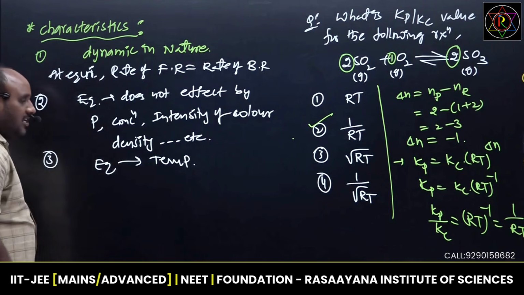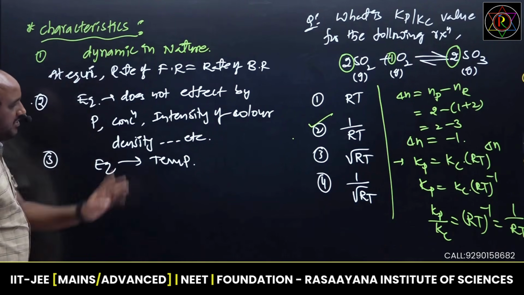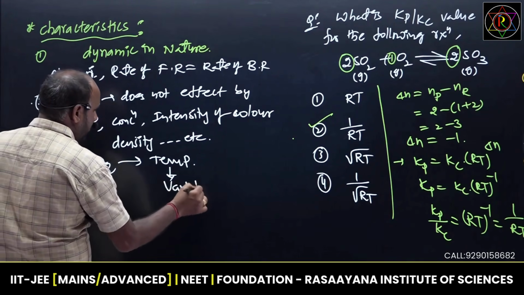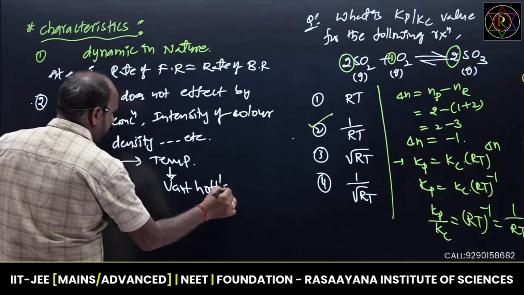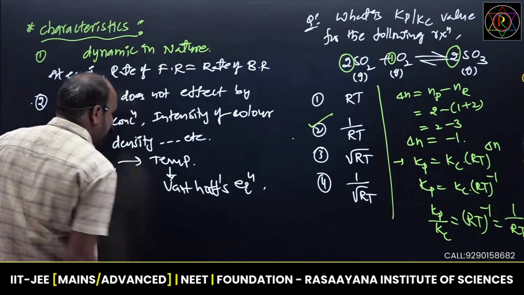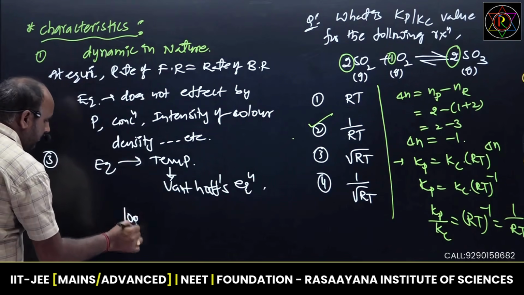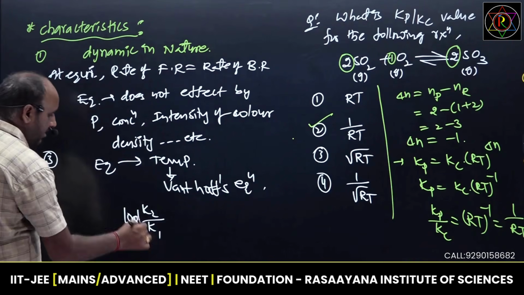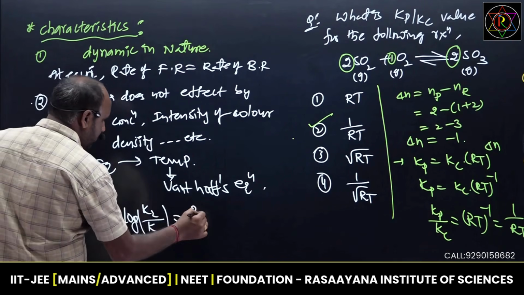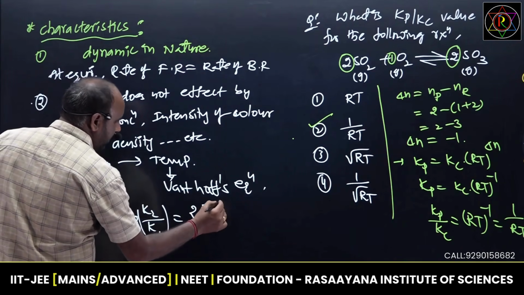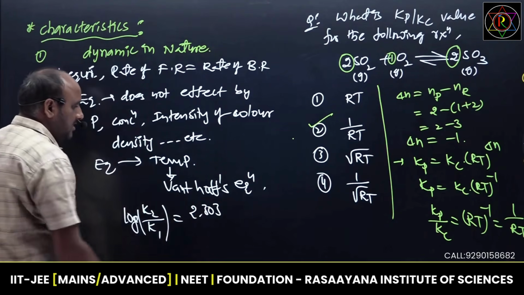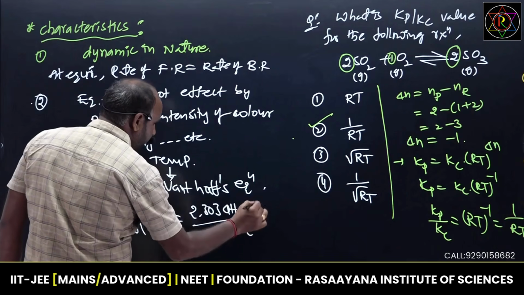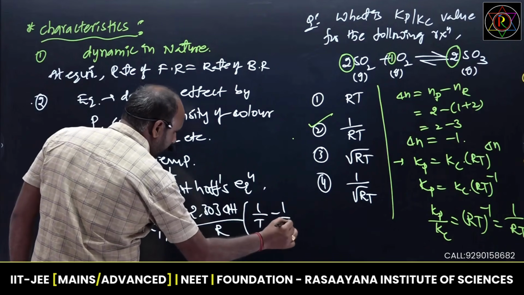The relation between the equilibrium constant and temperature can be explained with the help of Van 't Hoff's equation. It is given by log K2 by K1 is equal to 2.303 delta H by R of (1 by T1 minus 1 by T2).